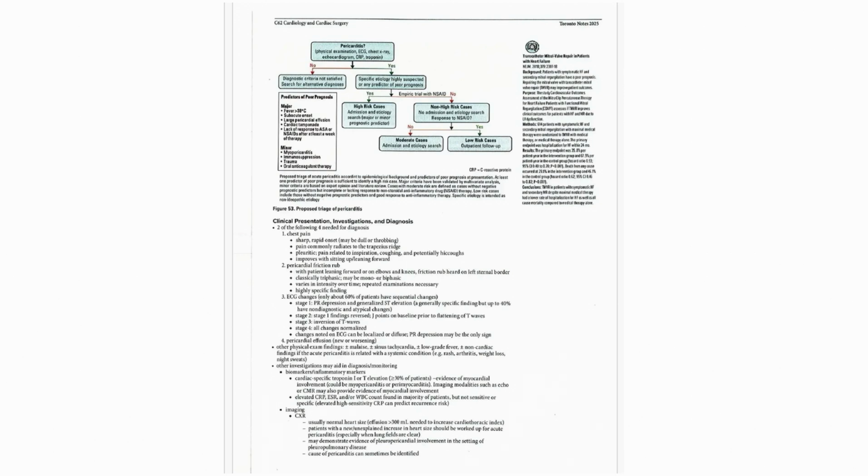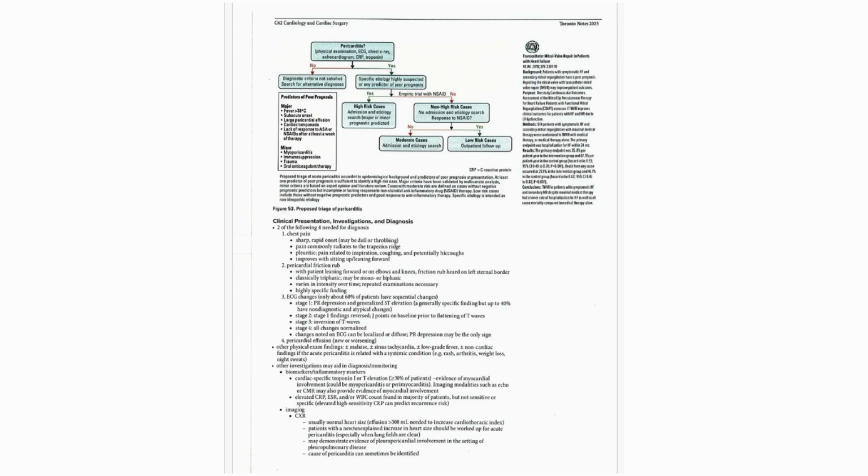Let's begin with figure 52, which presents an algorithm for evaluating suspected acute pericarditis. Whenever a patient presents with symptoms suggestive of pericarditis, the initial evaluation should include physical examination, electrocardiography or ECG, chest X-ray, echocardiography, C-reactive protein or CRP, and cardiac troponin.